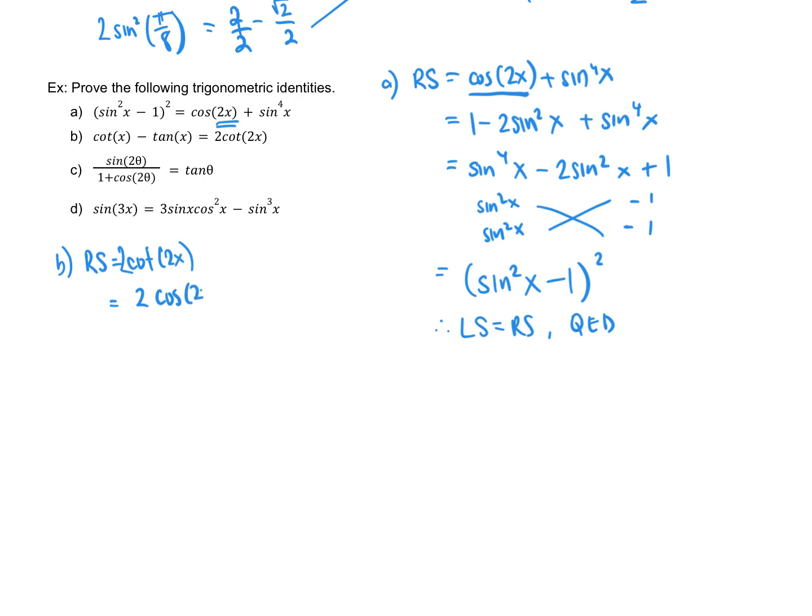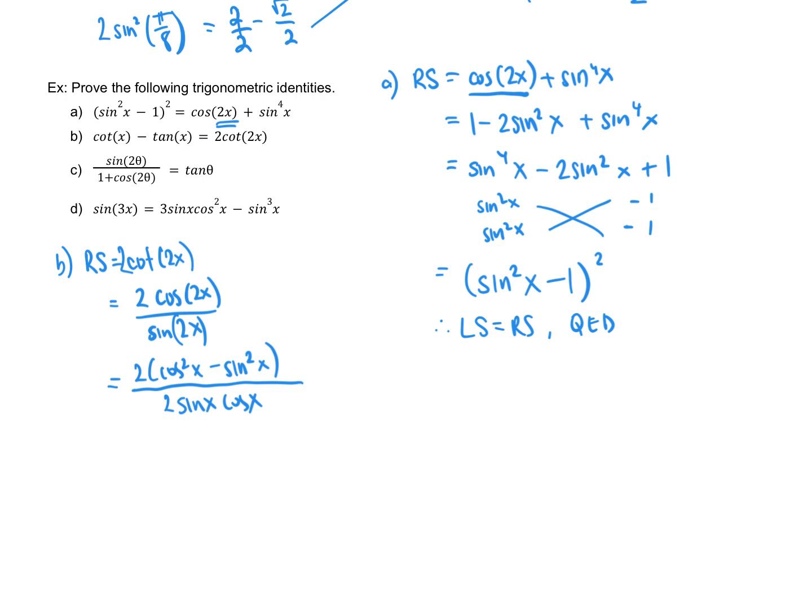So cos of 2x over sine of 2x. And then I'll rewrite each of those double angles with one of the appropriate formulas. So for cos of 2x, I'm going to write the original cos squared x minus sine squared x and see if that gets us anywhere. And instead of sine of 2x, I'll write 2 sine x cos x.